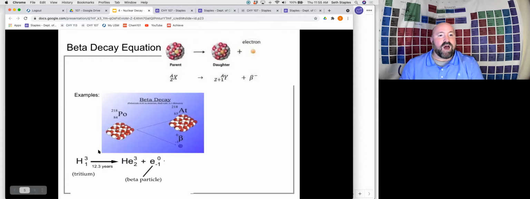If I had 100, just throw a number out there, if I had 100 tritium particles, in 12.3 years, 50 of them would now have decayed into helium-3. The other 50 are still tritium, and now it's going to take another 12 and a half years for 25 of those to become helium-3, and so forth.